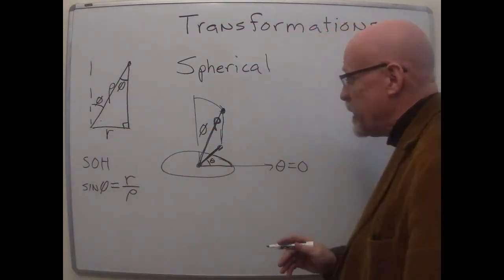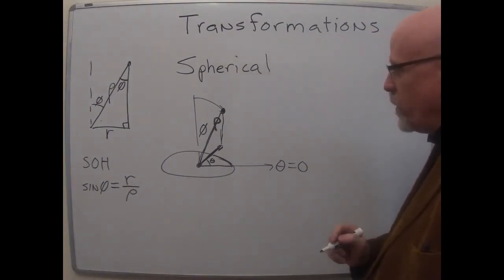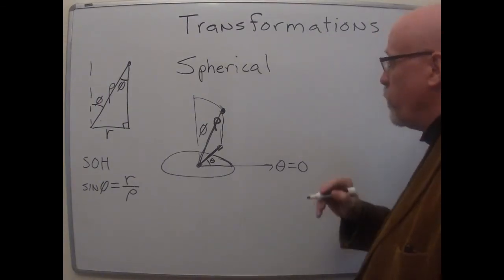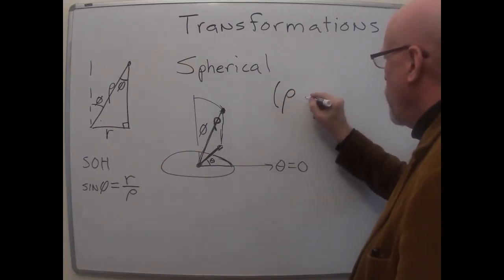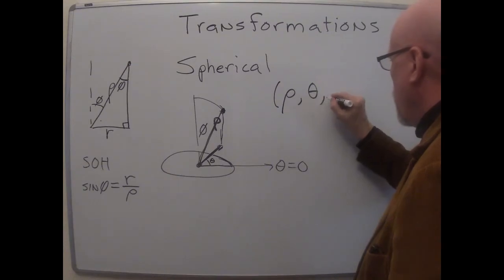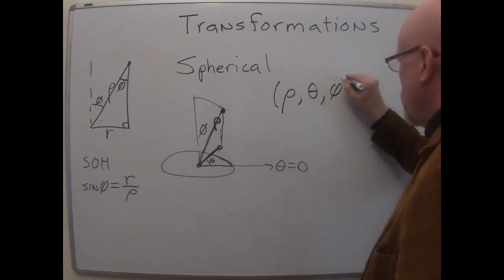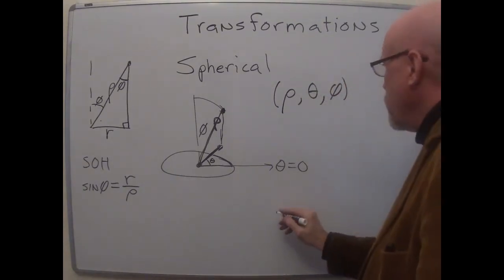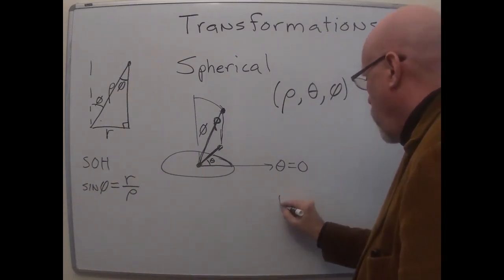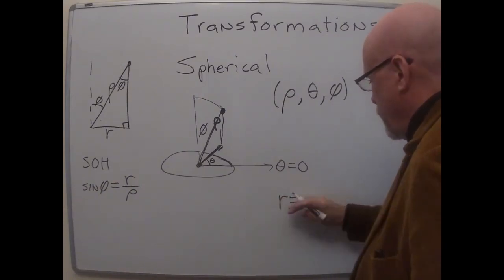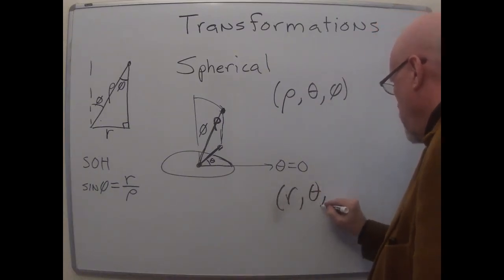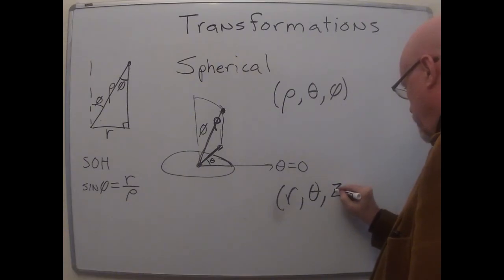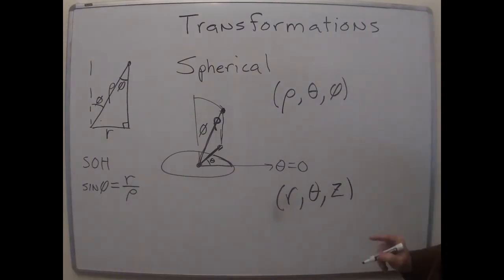That lets me almost get the cylindrical form. So I'm going to have rho, theta, and phi in spherical. In cylindrical, well, let's write them out first. We'll have r, theta, and z. And we've got 2 out of the 3 of these.